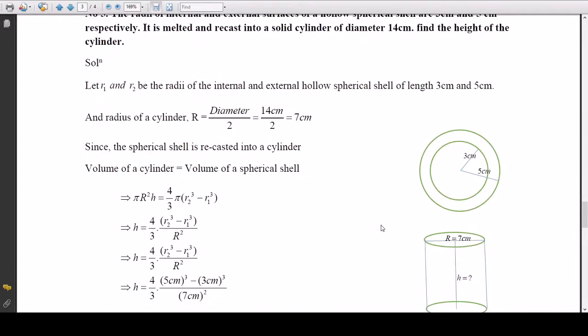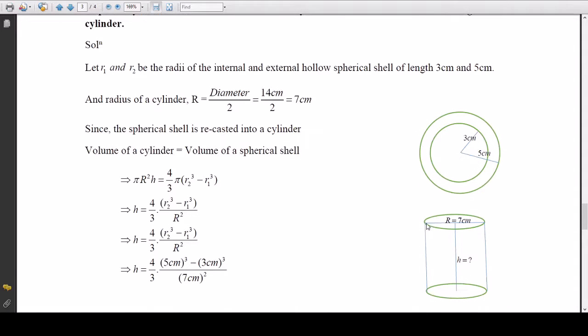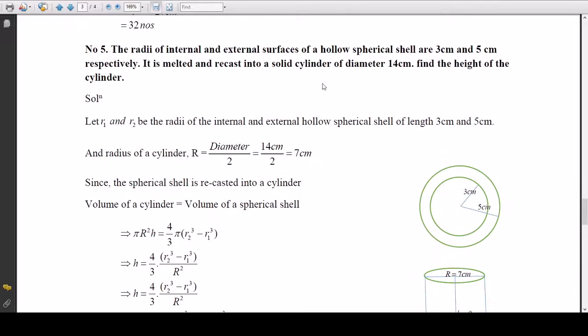Here I've shown you in the figure that this is a shell of internal radius 3 centimeter and external radius 5 centimeter. The diameter of a cylinder is 14, which means the radius should be half of that, it is 7.